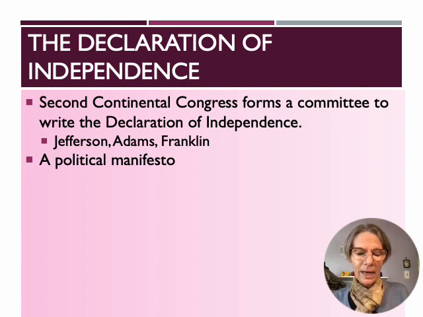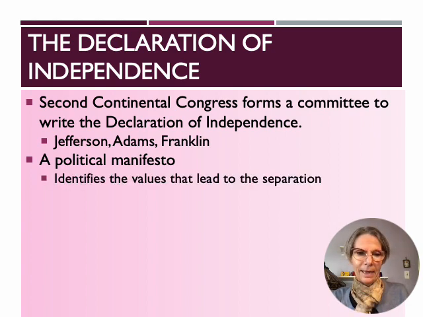Now, the thing to keep in mind about the Declaration of Independence is it is a political manifesto. Okay. And what that means is that it is a document that is expressing values. Okay. That it's basically saying these are the things that we think are very important values.